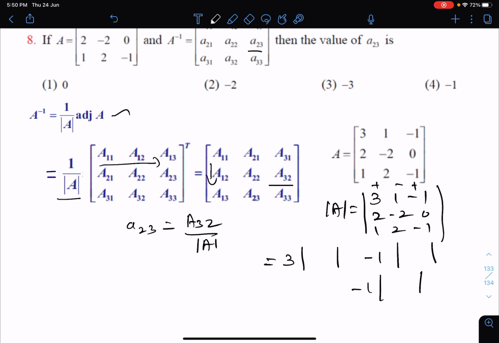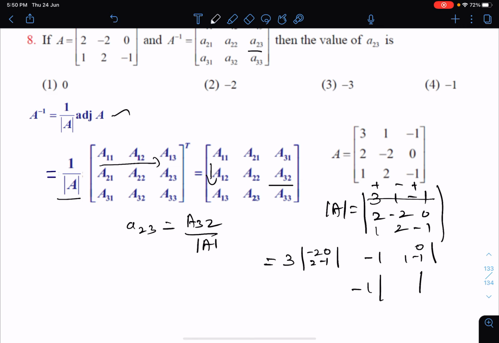What is going to be your first minor? Deleting the first row and first column, you get minus 2, 0, 2, minus 1. For the second, deleting the second column, you get the minor 2, 0, 1, minus 1.